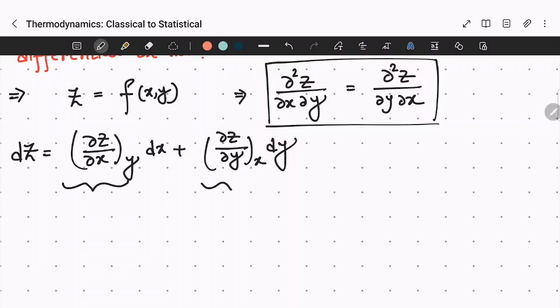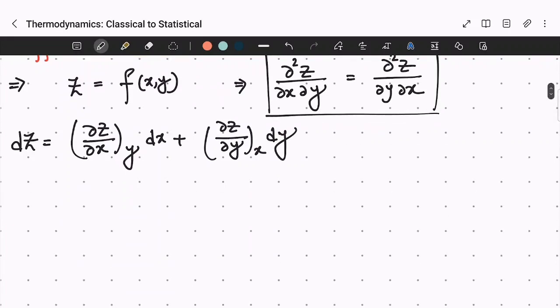When x is constant and y changes, z will also change, and that is this part. When you multiply with dx and dy, we get the overall change. You can also understand it graphically, but it's trivial to understand from the form of this equation as well.